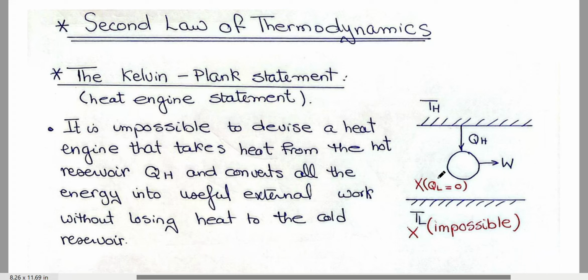If you draw this without QL, you mean QL is zero, this is impossible. Why? Because QL is needed to be rejected to return the piston to its original point A. This is the Kelvin-Planck statement.